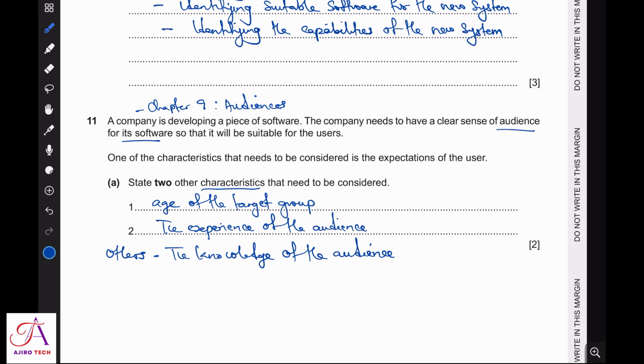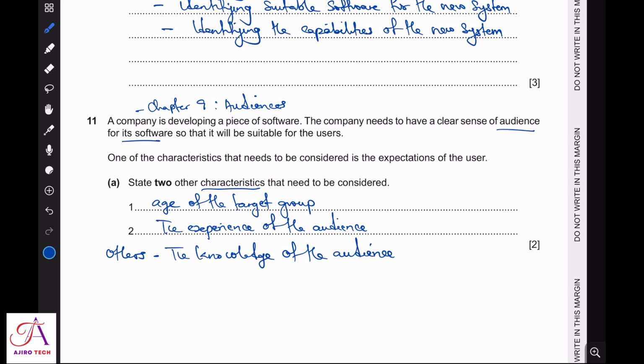The age matters. If you're developing software for kids and you're talking about adults, you will probably miss them, right? I know we have adults for kids, but that's not the point. The experience, right? If you're developing the software, the users who are going to use it need to actually feel it, because young children will have a different appreciation and response compared to a more mature group of adults, right?